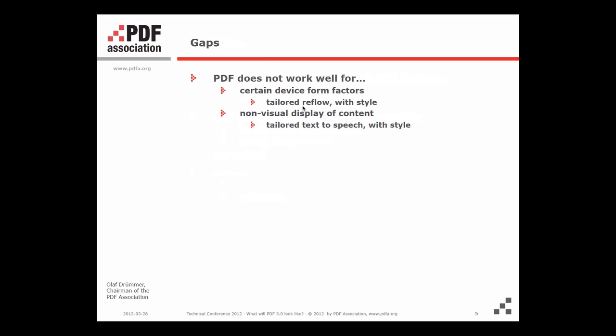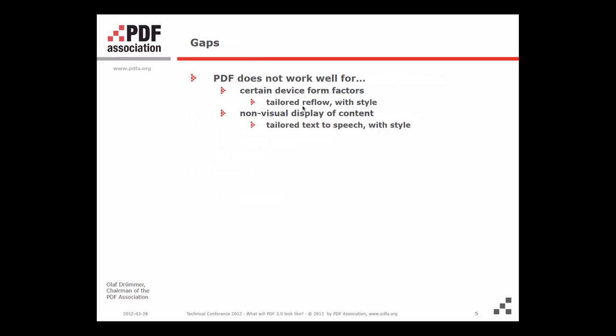Reading a magazine or newspaper that has been delivered in PDF format just as a kind of digital copy of the print masters is no big fun. You can fix it to a certain degree by coming up with a smart user interface, but still it's sometimes really not fun.